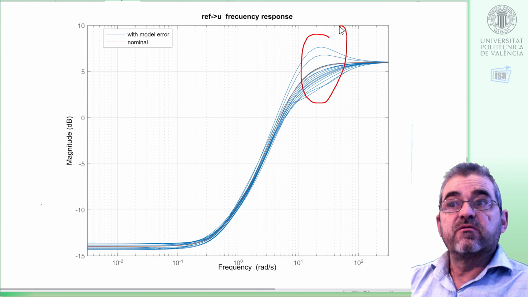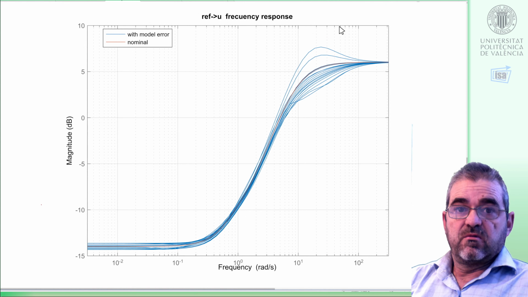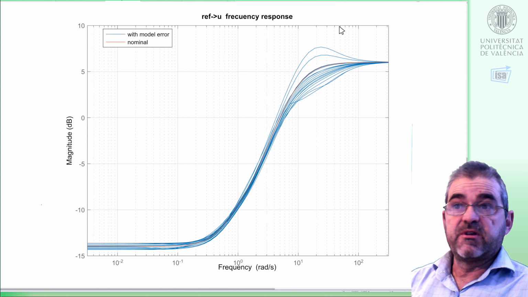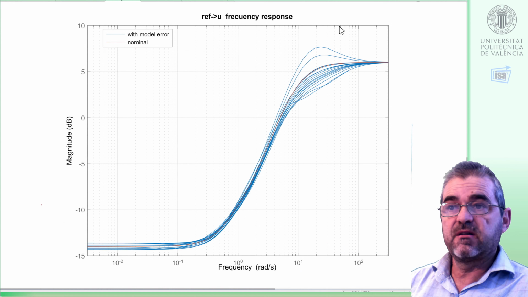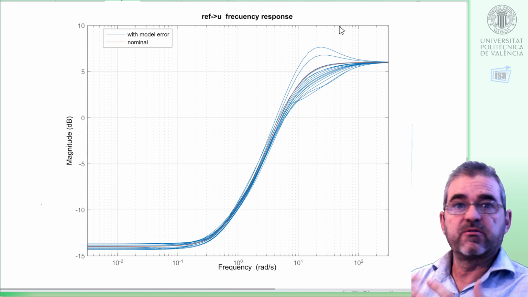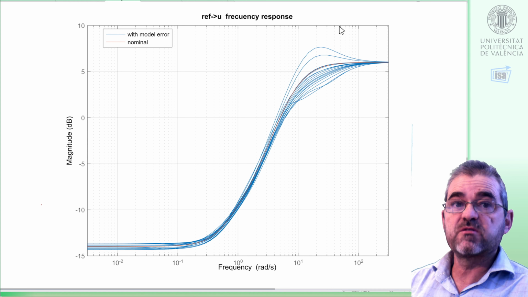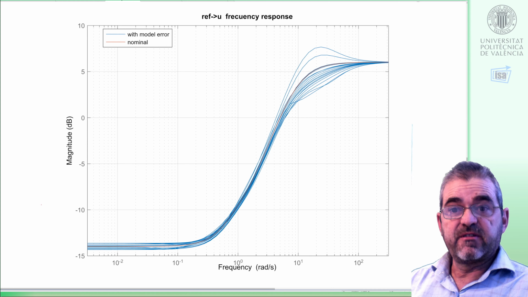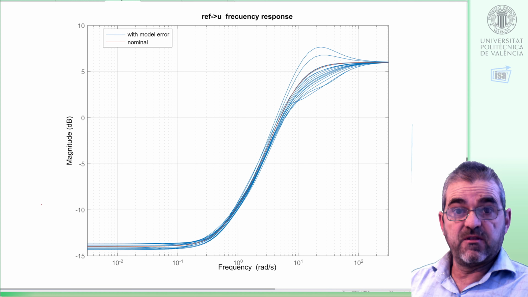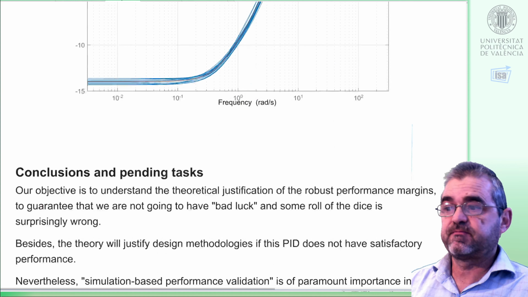We have some oscillations here, but if we think these are reasonably close to the red curve, and in general error and control action in time and frequency are close enough to the nominal simulation, then we validate our design by simulation and we assert that it seems that we have robust performance. However, let us end the video with some remarks.